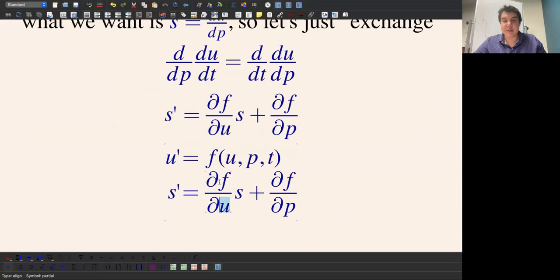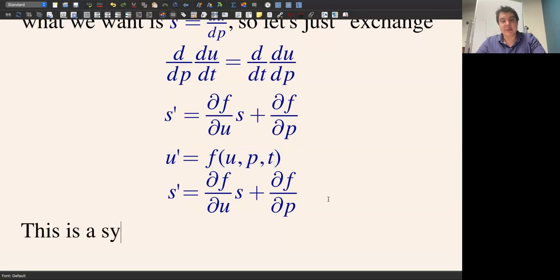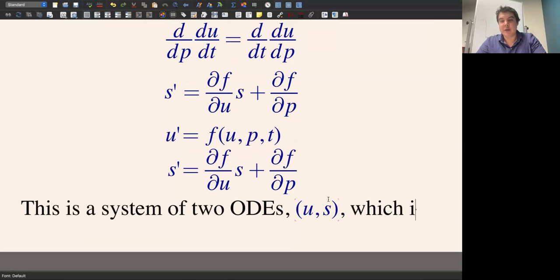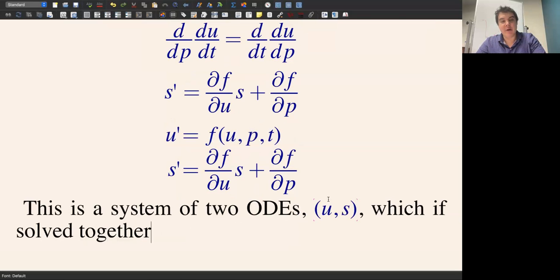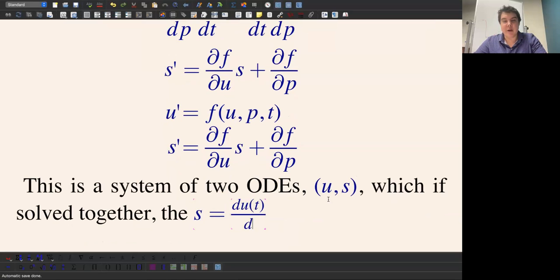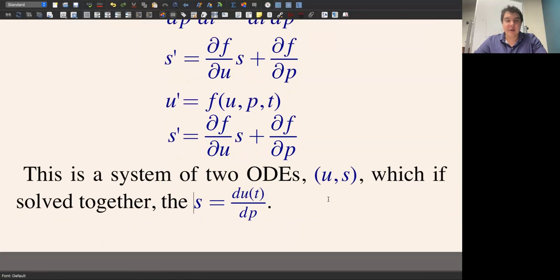This uses the partial derivative of f with respect to u, but you know how to compute that because that's the first ODE. So now you have a system of two ODEs, or two components, u and S, which if solved together, S equals du(t)/dp.